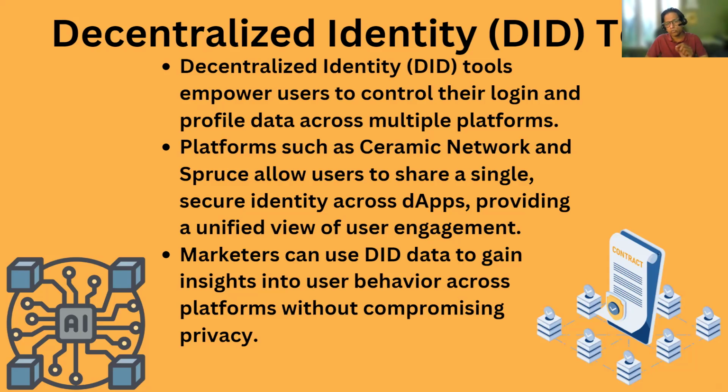Once you register using these tools, they hold your information, and using that information you can go to multiple different Web3 marketplaces. If you want to purchase an NFT token you can do so, or if you want to do any other activity, you can go to a different website anonymously. It's possible to do that.